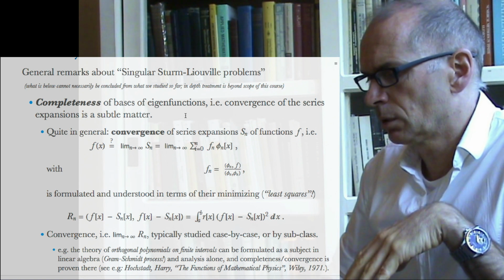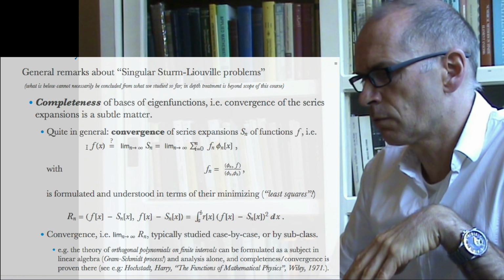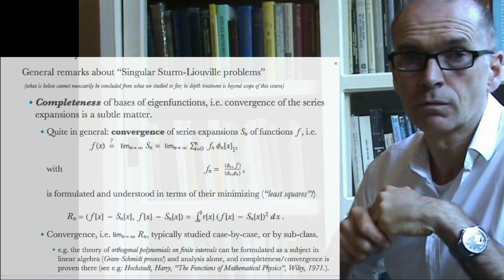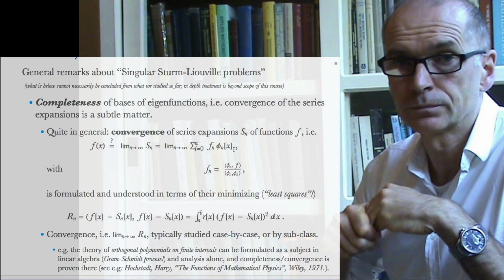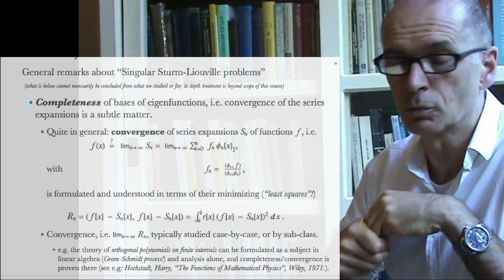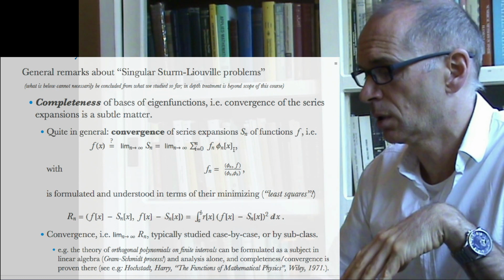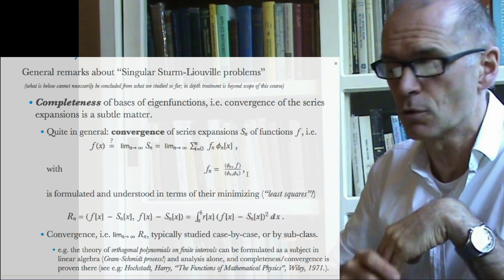So quite in general, you have these expansions, and I write any function f as an infinite weighted sum of eigenfunctions of a Sturm-Liouville problem, a singular Sturm-Liouville problem in this case, with weight coefficients fn to be calculated by the projection formula.